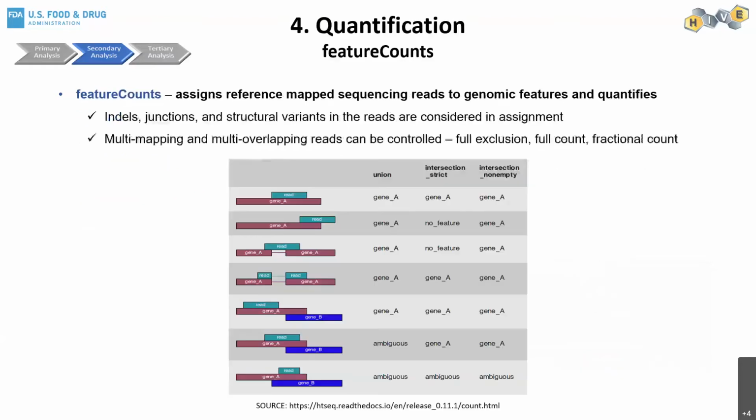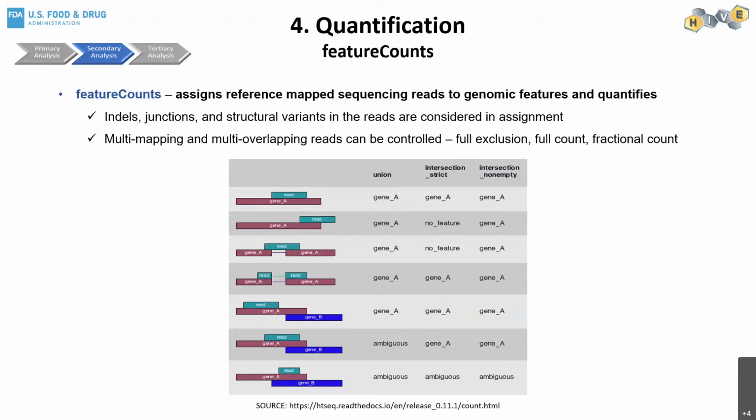Once we get the BAM file or the SAM file from the HiSat2 alignment, we move to the next step, that is the quantification. For the quantification, we decided to use featureCounts. featureCounts is a tool that helps us to map these sequence reads that already got aligned and assign some genomic features.